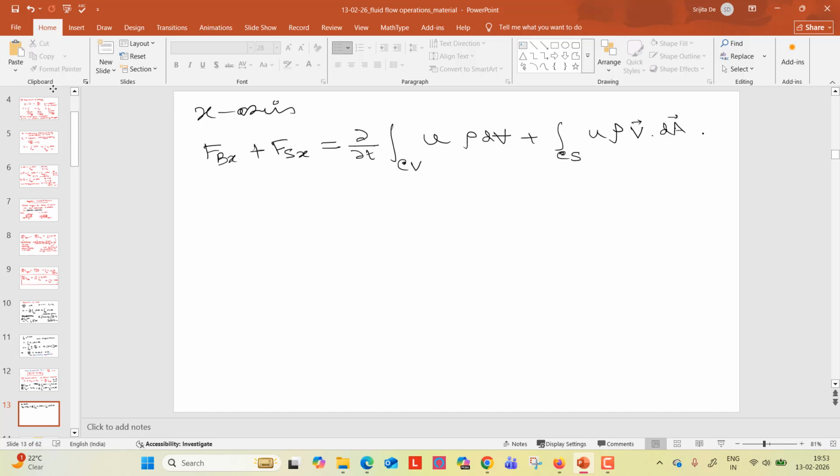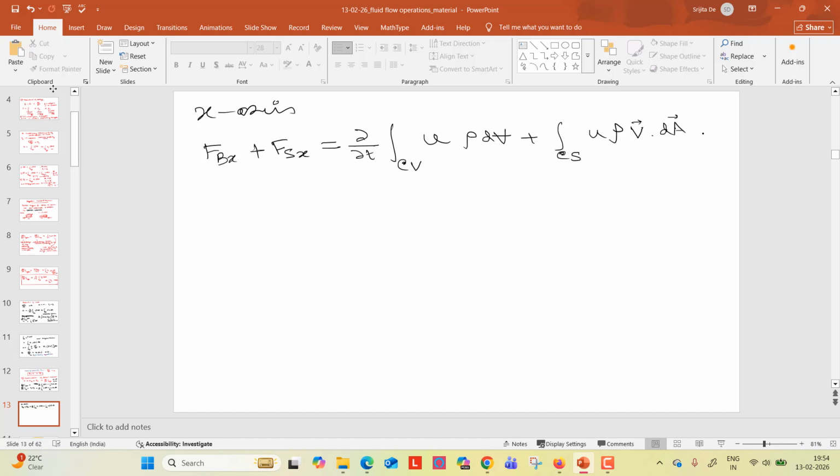Only u will be there, because we are considering the x direction. But this V will not change, because it is inside the divergence term, so it has to be in vector form.